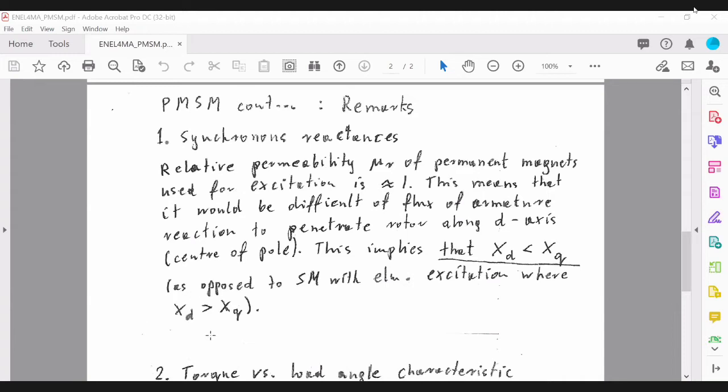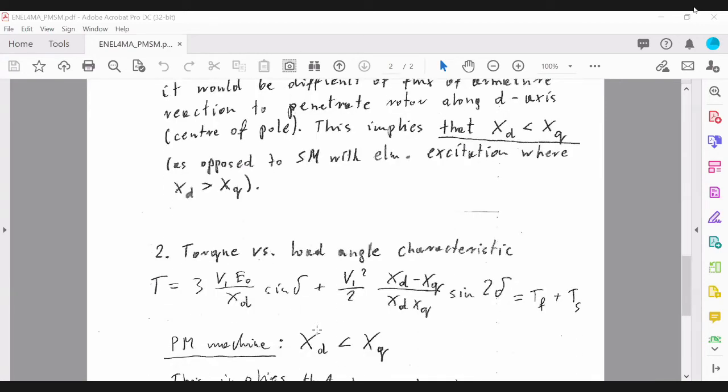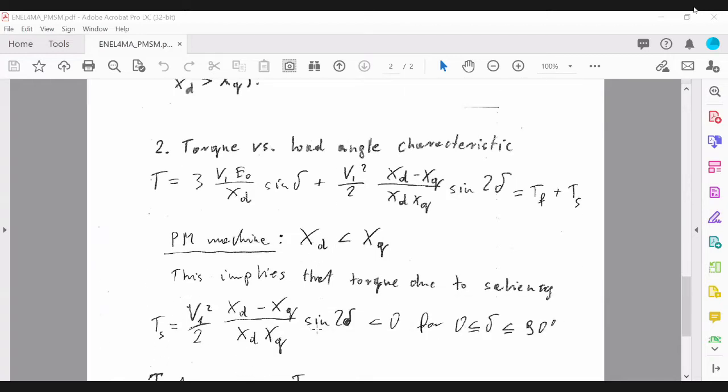So it implies that in such machines, you'll find that XD is less than XQ, as opposed to the synchronous machine with electromagnetic excitation, where you find that XD is greater than XQ, right? So this is particular for permanent magnet synchronous machines.